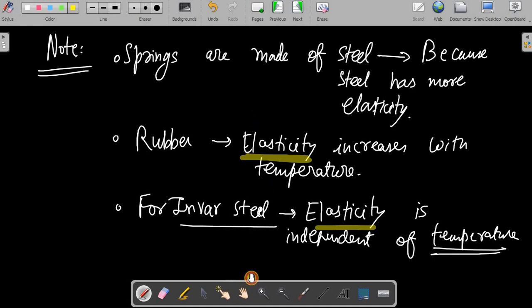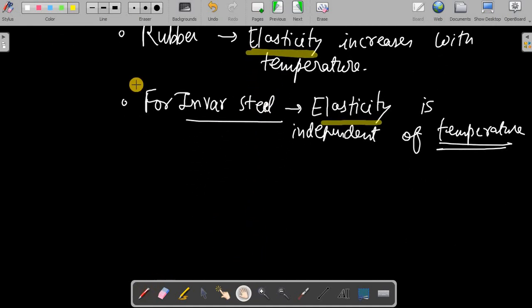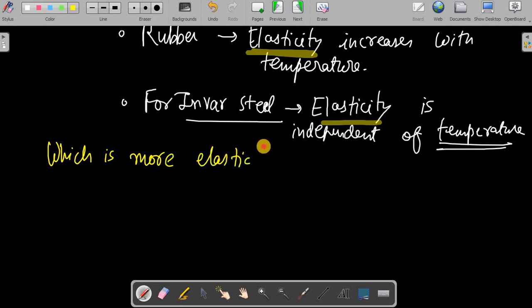Now the question is, which is more elastic, rubber or steel? Now here most of us think that rubber is more elastic, but that's not correct.